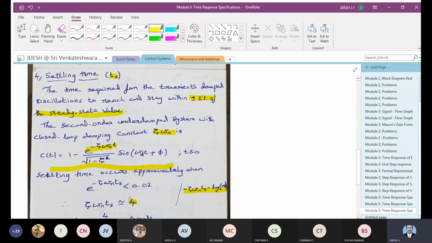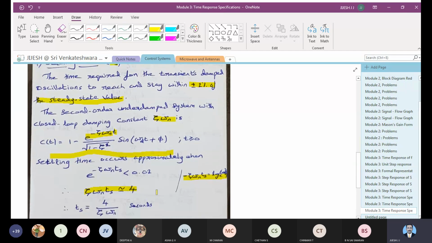So till here you complete. So ts is equal to 4 divided by zeta omega n. That's what we have told, the second order underdamped system with closed loop damping constant zeta omega n.